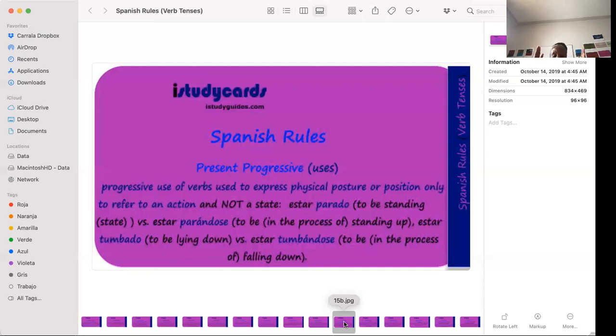Because when you're talking about the state, you're using the past participle. When you're talking about in the process of, you're using the continuous, progressive, or present participle of the verb.